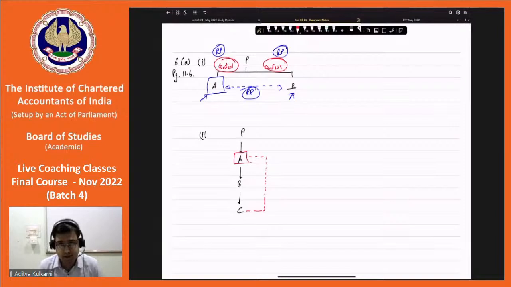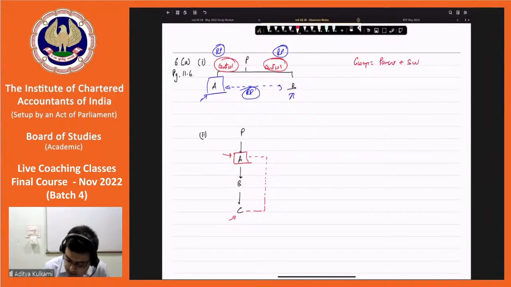What do you think? The words are, an entity, that is C, will be related to A, that is the reporting entity, if both of them are members of the same group. What is the meaning of the word group? Group in this context is parent plus subsidiary only.